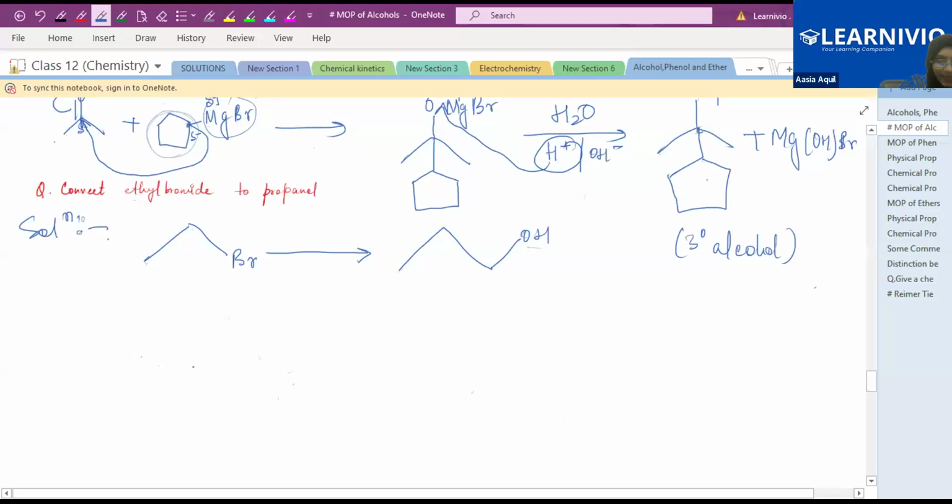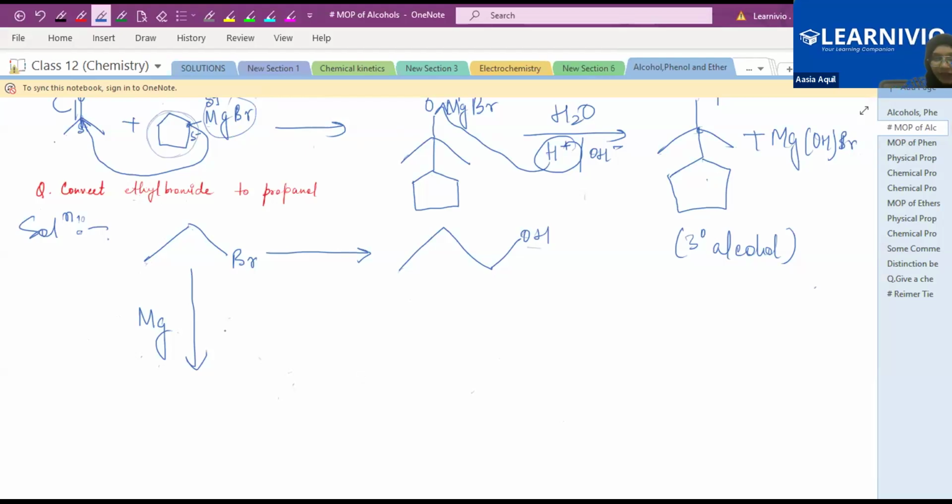First, this is ethyl bromide. If we react ethyl bromide, your haloalkane, with magnesium metal, it will give you a Grignard reagent. How is the Grignard reagent prepared? A Grignard reagent is prepared by the treatment of a haloalkane with magnesium metal.